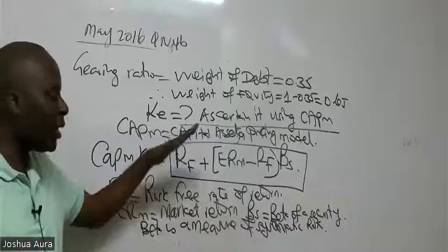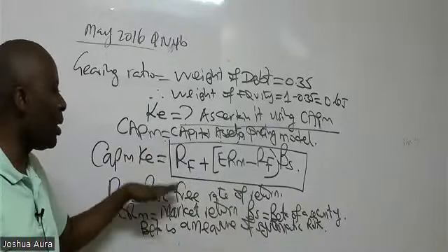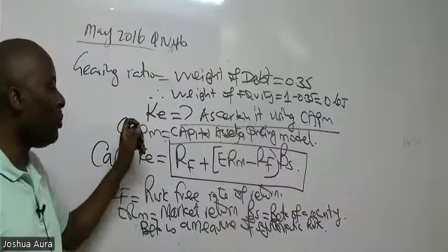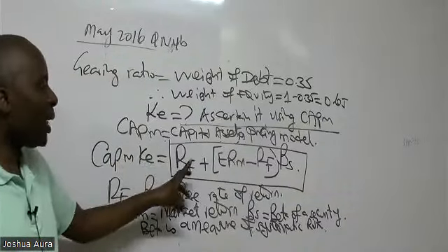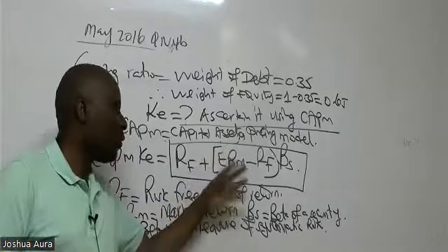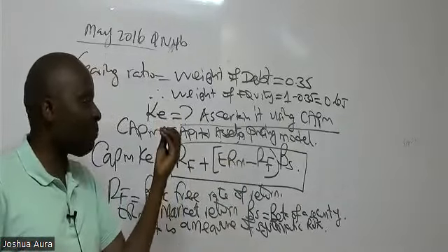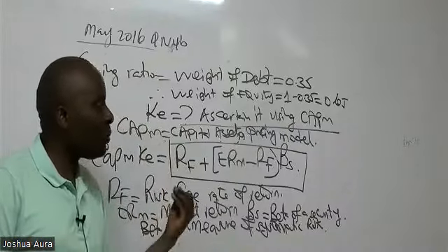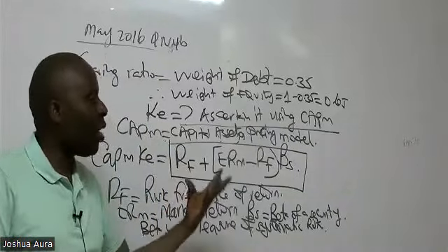For now, the thing I would want you to cram here is that CAPM, cost of equity, will always be equal to risk-free plus ERM minus this risk-free to get the risk premium. And once I have the risk premium, it must always be multiplied with the beta of a security.